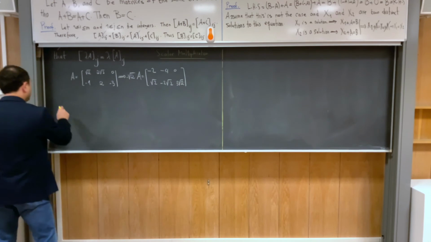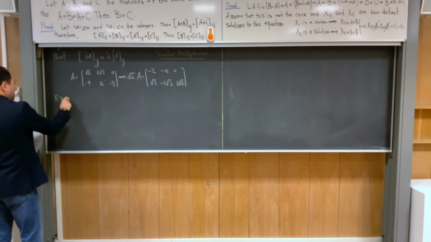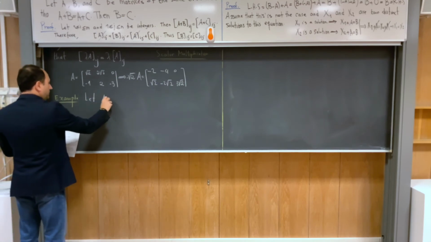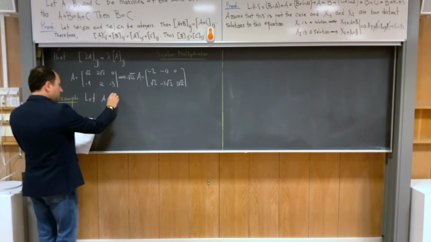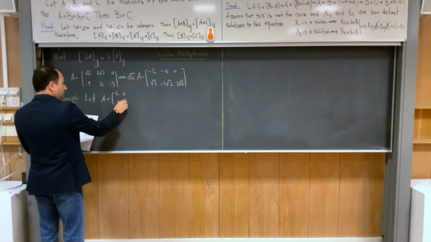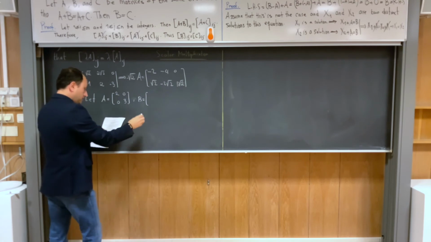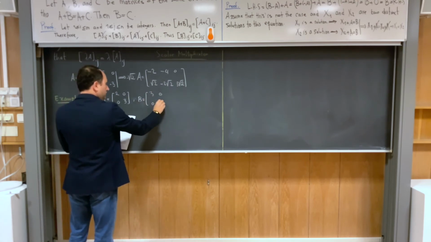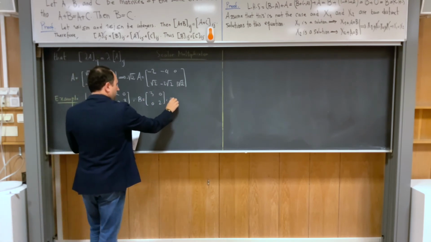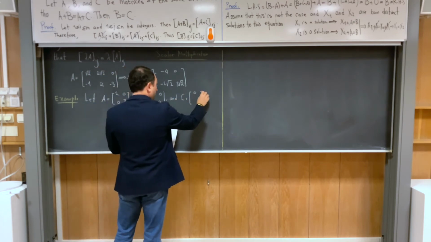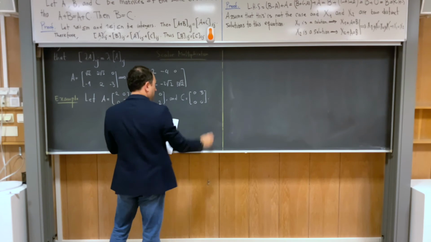So let A be this 2 by 2 matrix, 2, 0, 0, 3. B be this matrix, 3, 0, 0, 2. And C be this matrix, 0, 3, 0, 0.